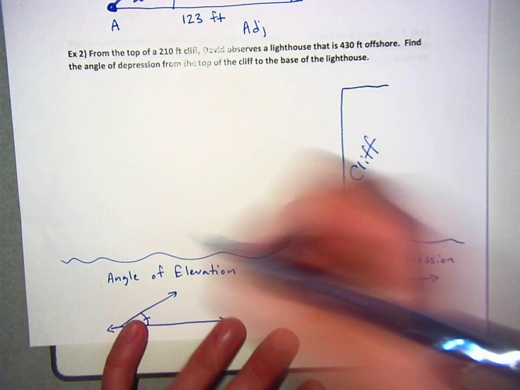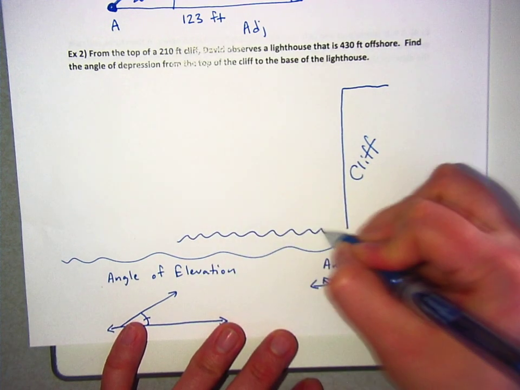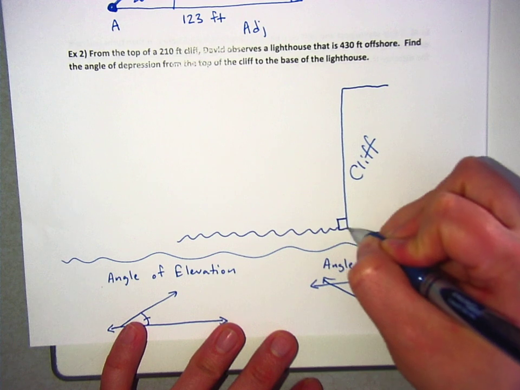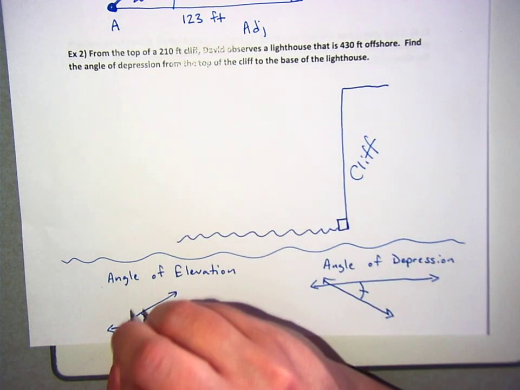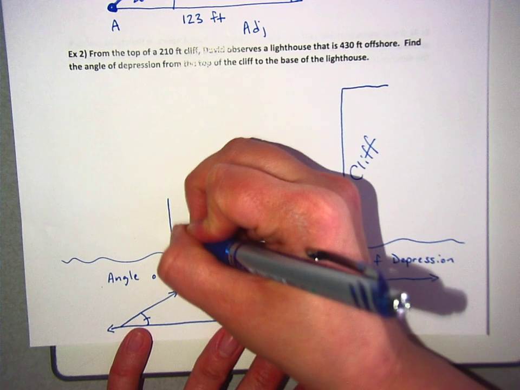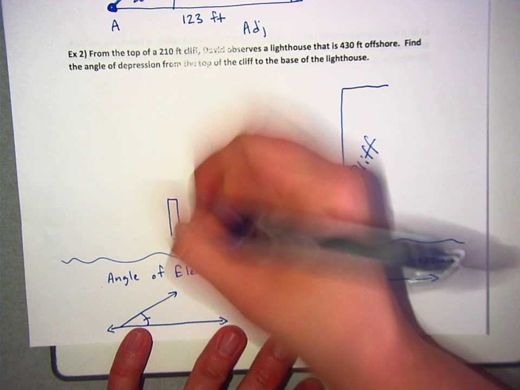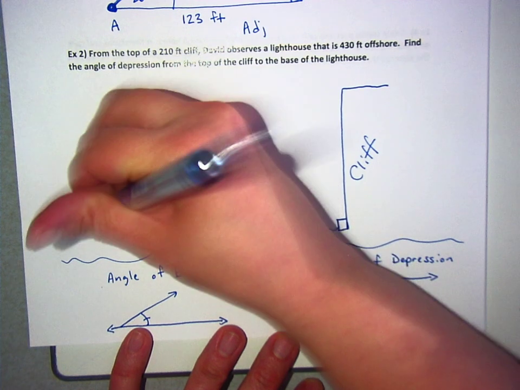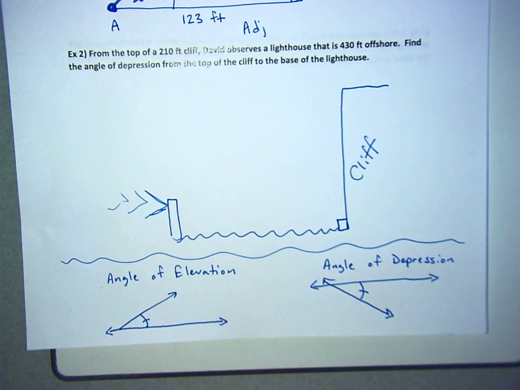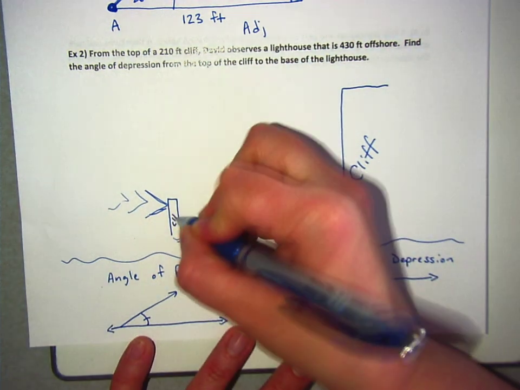And then there's like the ocean down here. That's probably a right angle to the ocean right there, I'm guessing. And then we got a little lighthouse right here that's shining a light that way. I'm going to put LH on it for lighthouse.